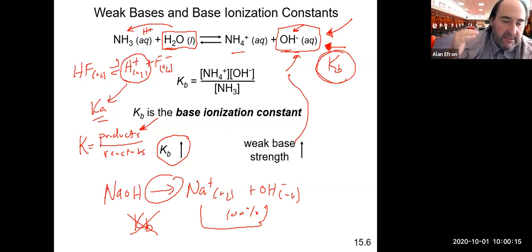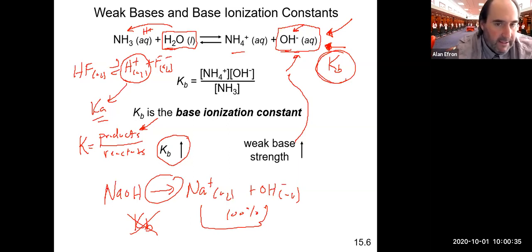So a very simple rule: if you're not sure whether to use Ka or Kb, look at your equation. If you see hydroxide on the product side, you should probably be using a Kb. If you see H plus or H3O plus on the product side, you should probably be using the Ka value.